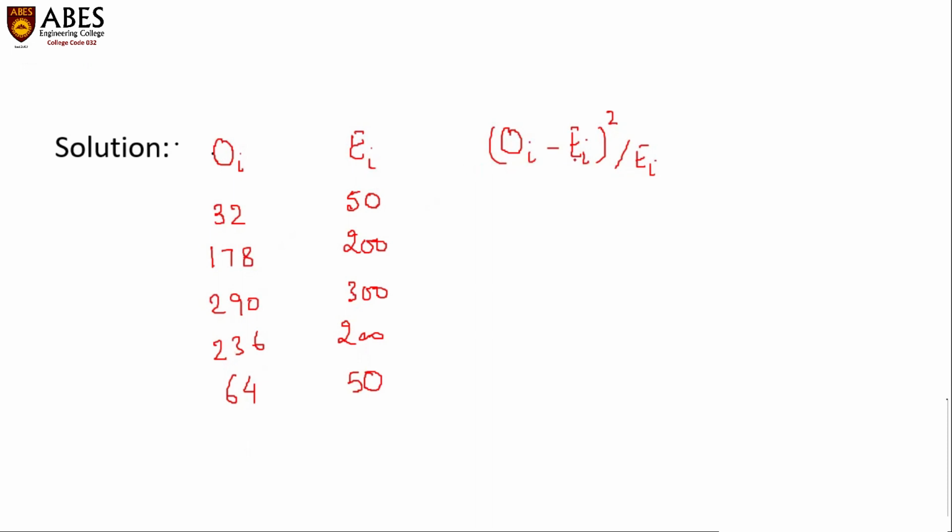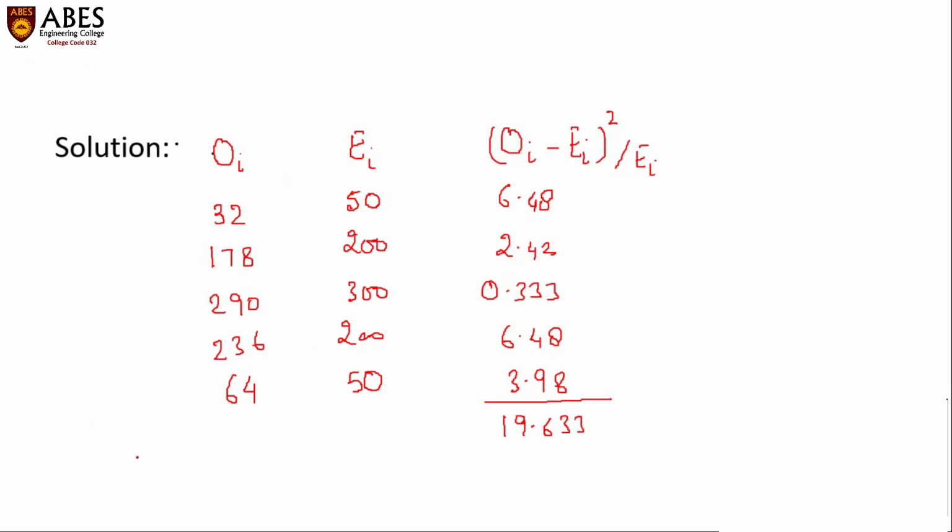Now we have to find Oi minus Ei whole square upon Ei. So the first value will be 132 minus 50 whole square upon 50. And when you solve it, this value will be equal to 6.48, 2.42, 0.333, 6.48 again, and 3.98. And when you add these values, you get it equal to 19.633.